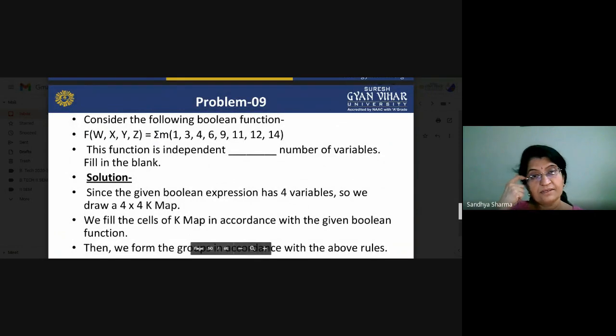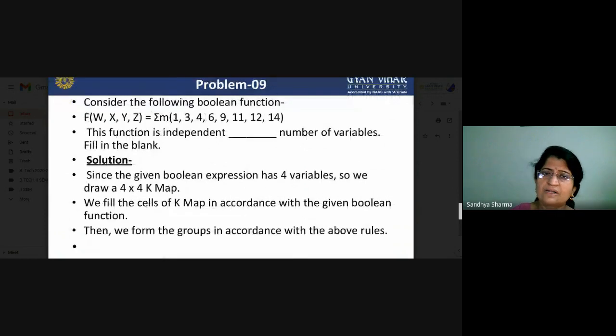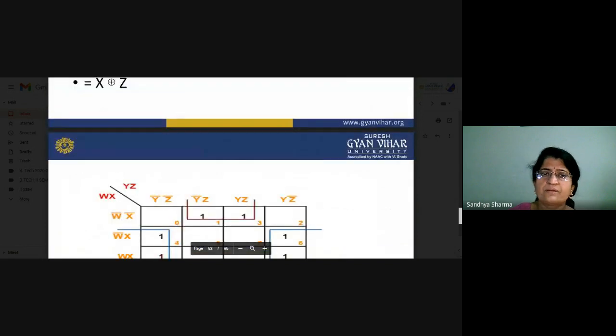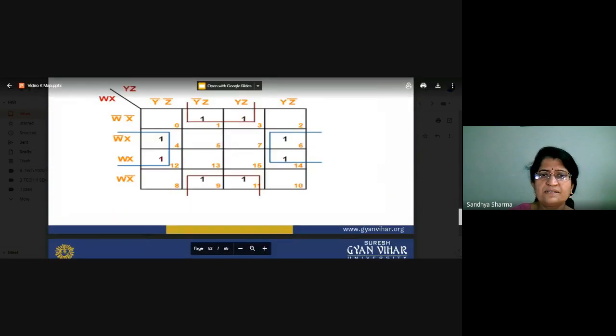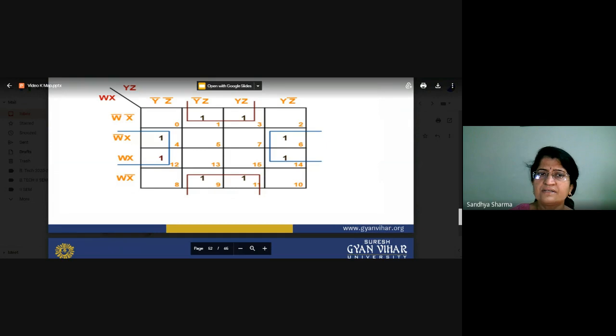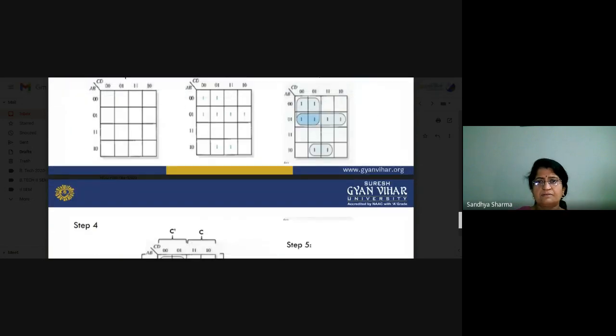Problem 9. In problem 9, you are given w x y z. There is a change in variables, just for your knowledge. So again there are cells. Now you can represent it as x and y, w z, x y. You can also change the sequence, and then you can make a table.